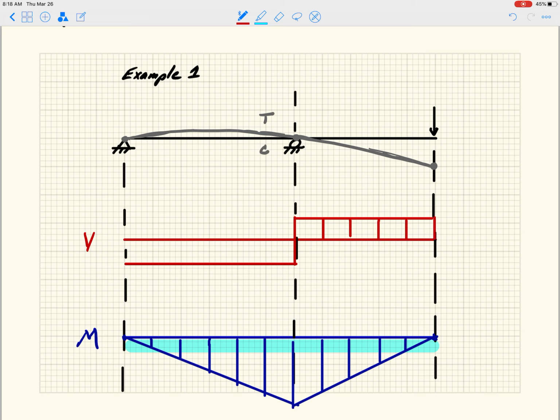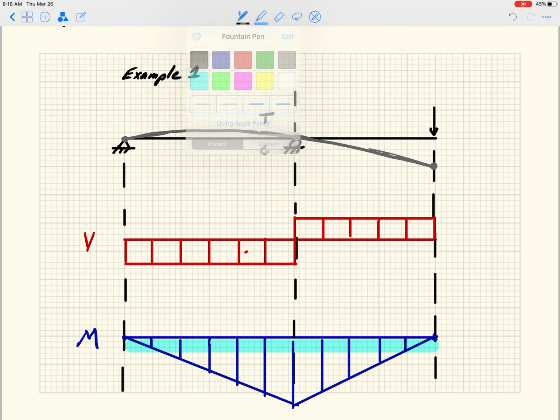And then I'm going to have that jump at the internal support, which is equal to the reaction at that roller, right? So from this, you could actually see that the pin here on the left has to have a reaction downward. That's what's pushing the shear diagram downward. Then it's constant. Then I have the reaction at the roller that's upwards. Then I come over, and then the applied load is downward, right?